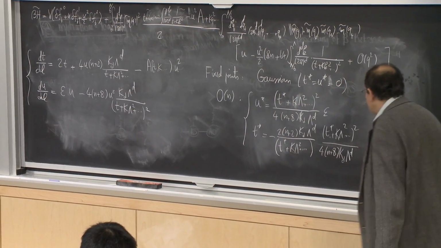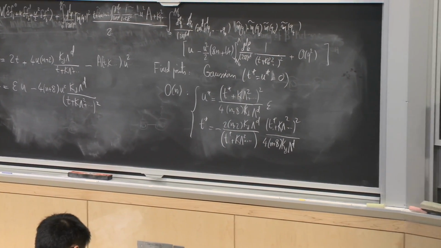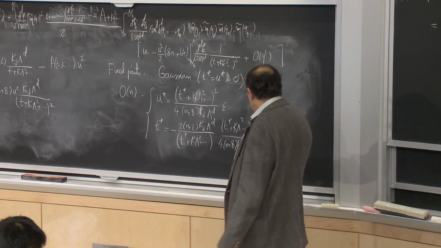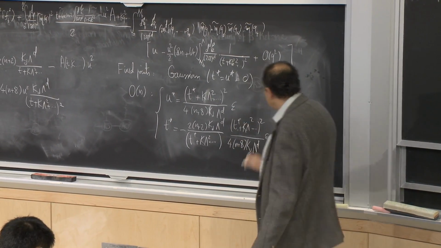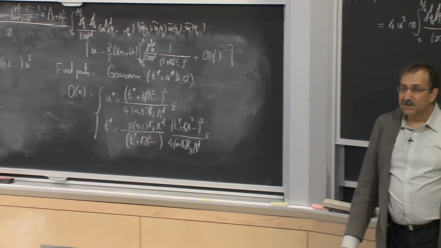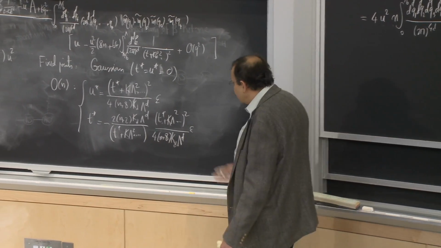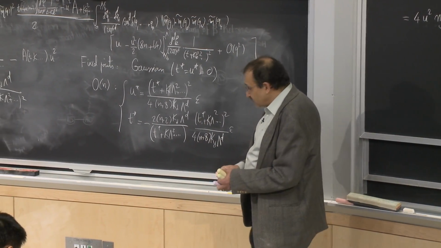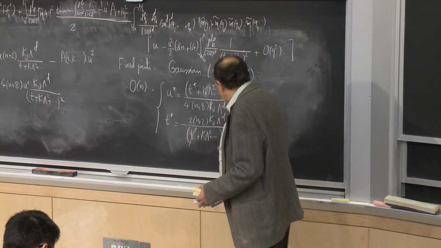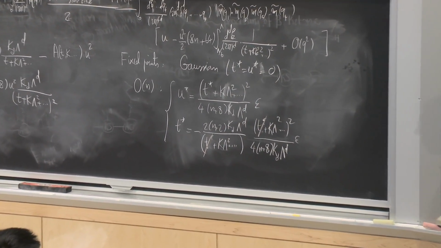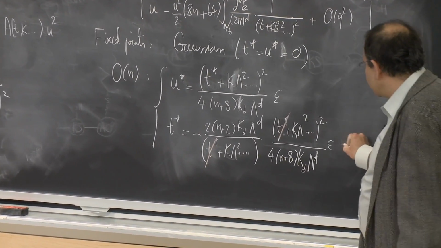Now over here, this is in principle an implicit equation for t star, but I forgot the epsilon that I have here. It is epsilon multiplying some function of t star. So clearly t star is order of epsilon, and I can set t star equal to 0 in all of the calculation if I'm calculating things consistently to epsilon.